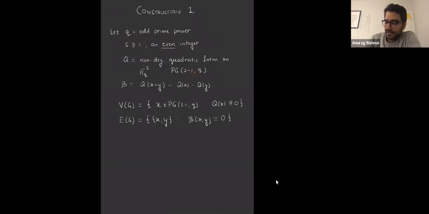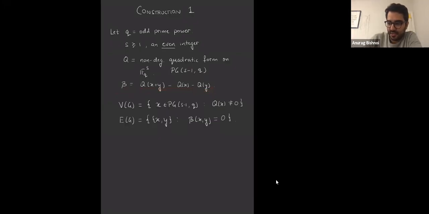Now when you have a quadratic form, you have a corresponding symmetric bilinear form, which is, intuitively, the dot product that you are all familiar with in real geometry. And it's just given by the following.